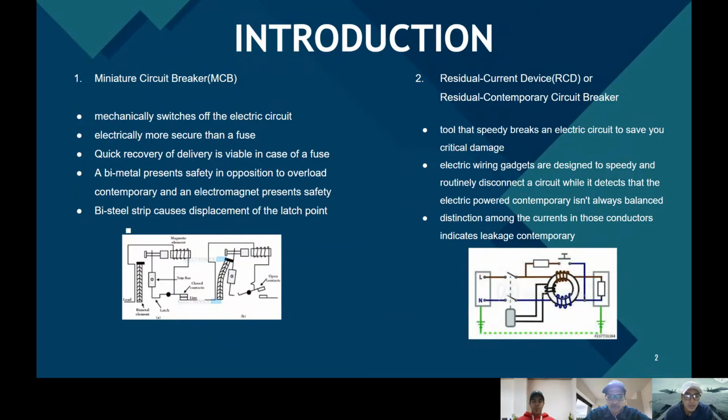This electrical wiring device is designed to quickly disconnect a circuit when it detects that the electrical current is not balanced between the delivering and return conductors of a circuit. Any difference between the current in those conductors indicates leakage current, which presents a surprising hazard.